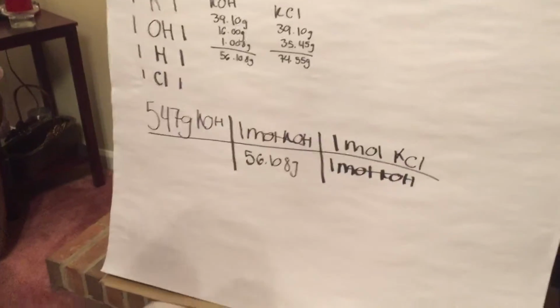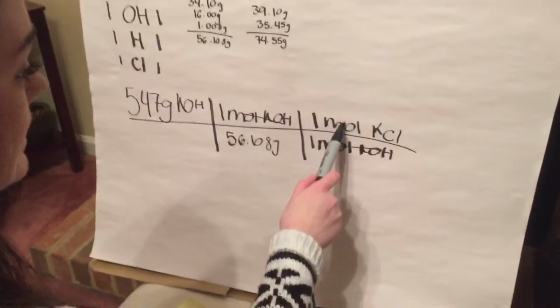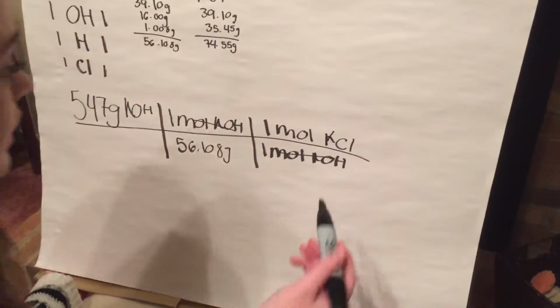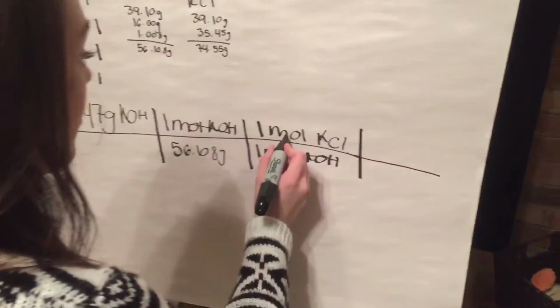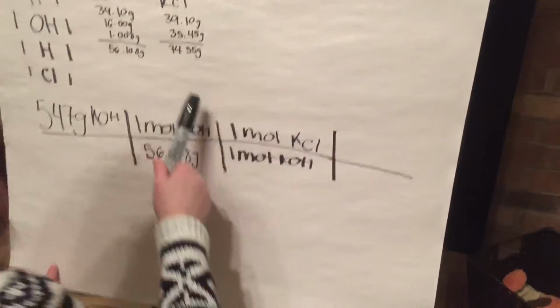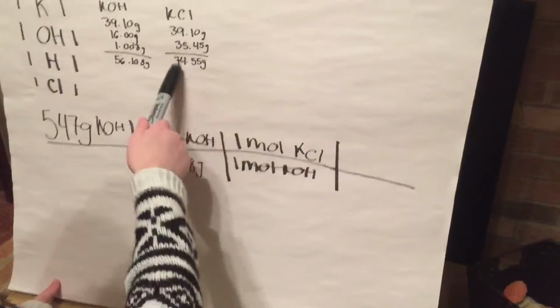Since we want to know how many grams of potassium chloride we can have, this now needs to be converted into grams. In order for it to cancel out, we must put moles on the bottom, and we have our molar mass. For every 1 mole of potassium chloride, we have 74.55 grams.